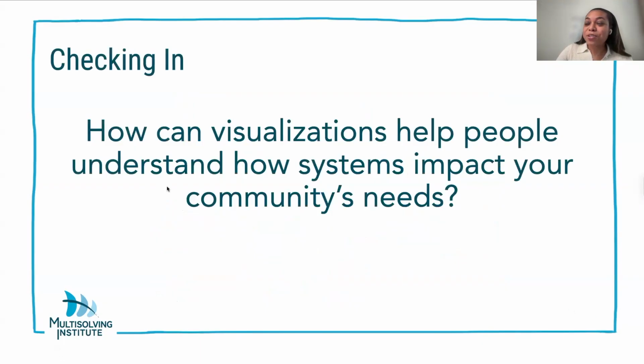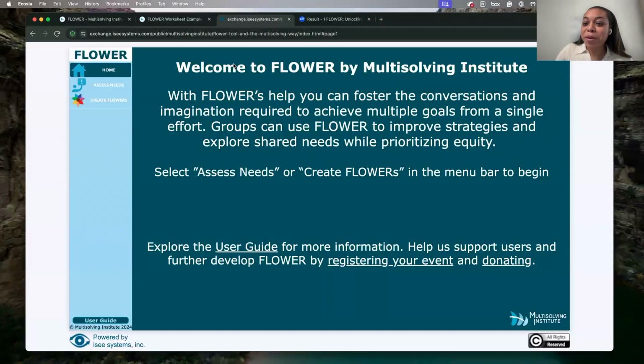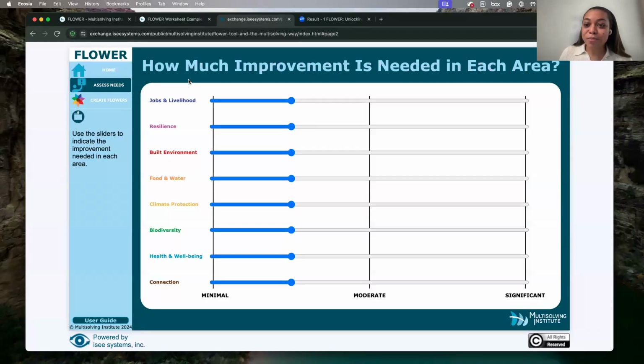Okay, so as you'll notice, taking us back to Flower, once you are past the home page, there is a needs assessment screen. On this screen, we've got different benefits that might happen as a result of implementing a project or different topics or areas where you might need to have an improvement within your system.